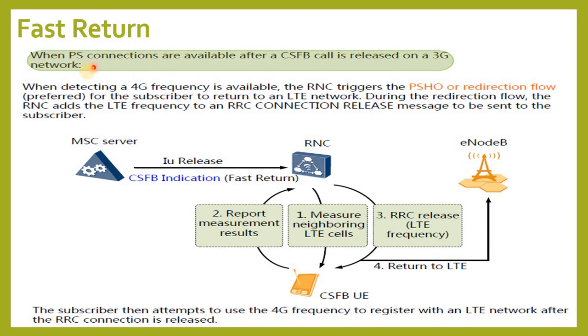There is another scenario in which the PS connections are available after a CSFB call is released on a 3G network. There is another phenomenon called the PS handover or redirection. By using this mechanism, the RNC can serve as the anchor for the UE to move back to the 4G network.